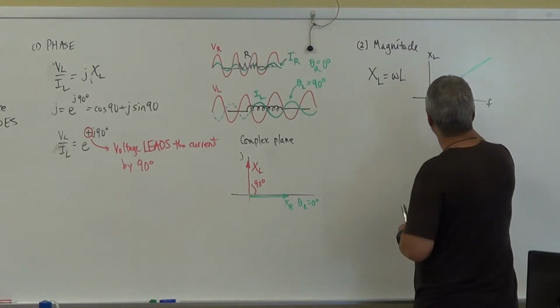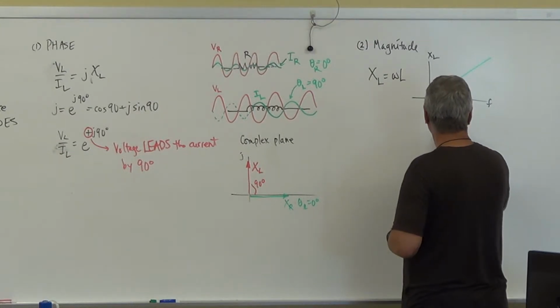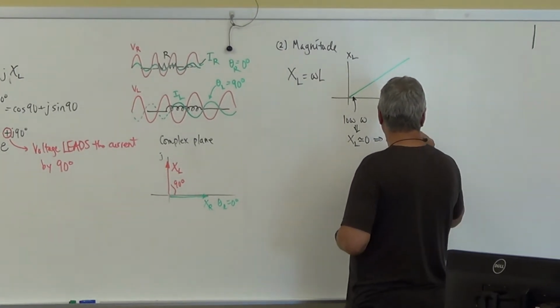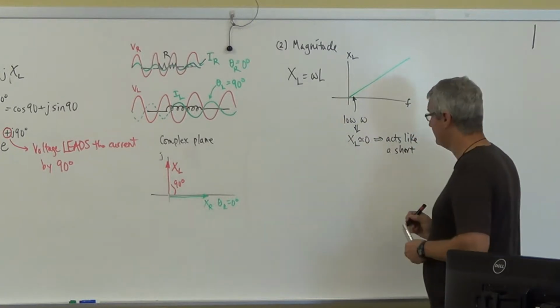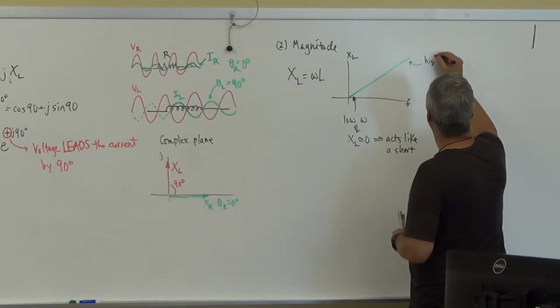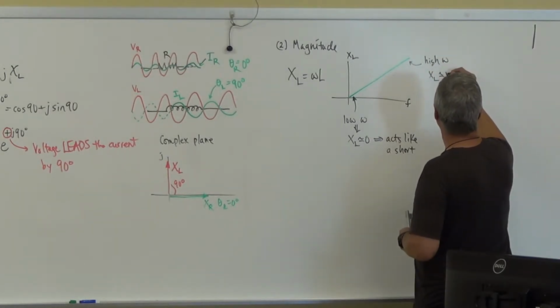So like we saw in lab, at low frequencies XL is roughly 0, and so it acts like a short. But at high frequencies, you'll see that XL is very, very large.